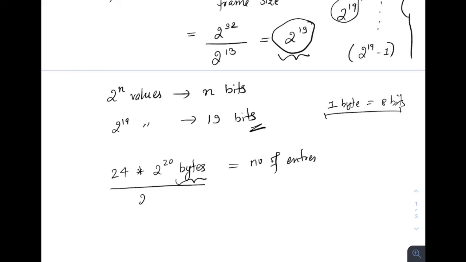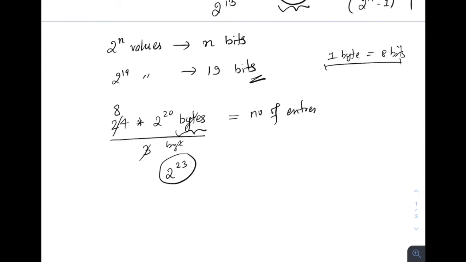It will be 3 by 8, and number of entries basically will be equal to 2 power 23, right? Because 8 is 2 power 3 into 2 power 20. So basically bytes and bytes will get cancelled, right? Because this is 3 bytes also. So number of entries you get is 2 power 23.